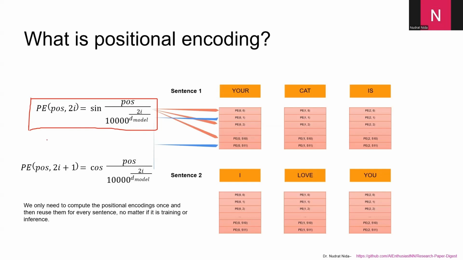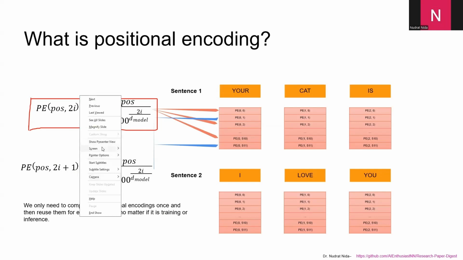That is how it is computed. We only need to compute the positional encoding once and then reuse it for every sentence, no matter if training is present or not.